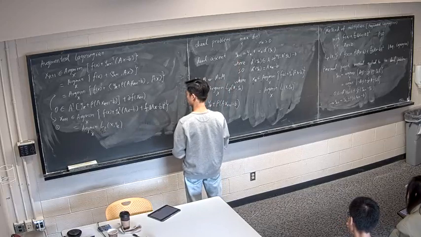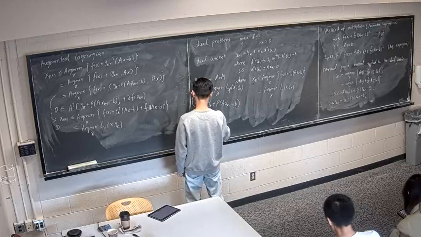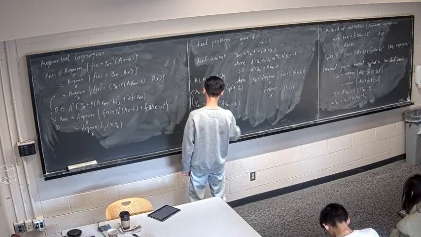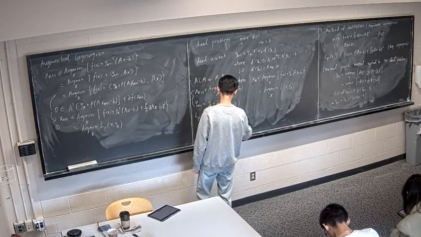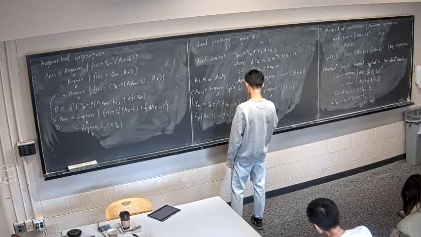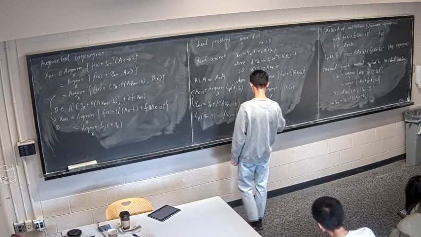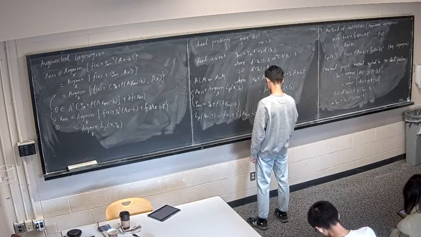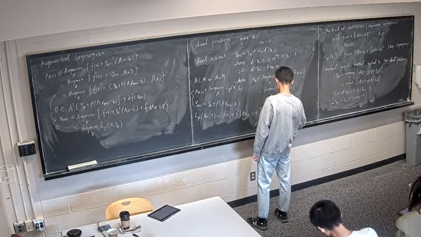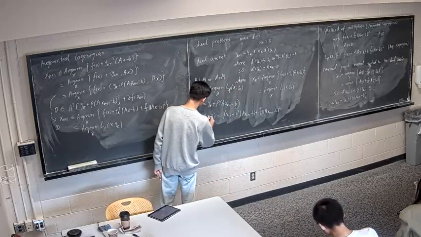If you apply, let's write down the augmented Lagrangian, L rho at xk plus 1, y. This is the augmented Lagrangian at the point xk plus 1.